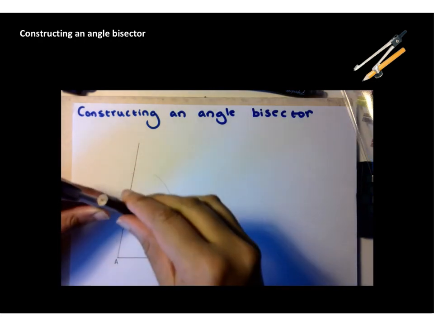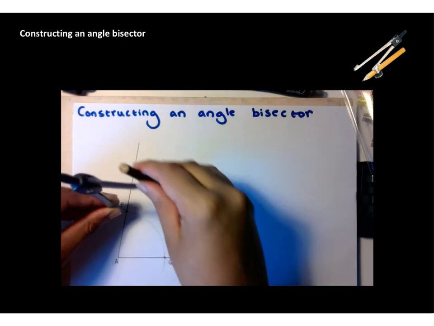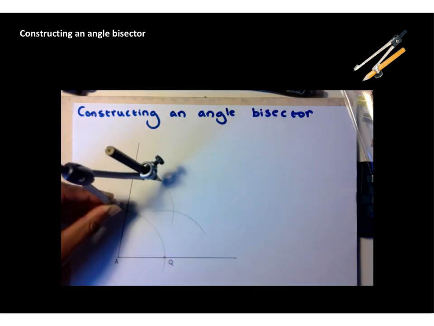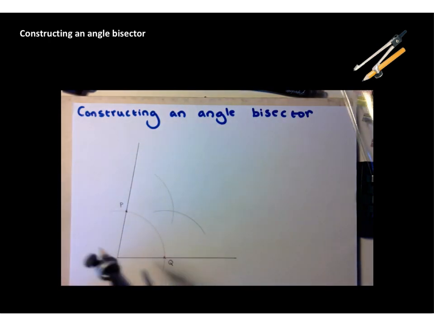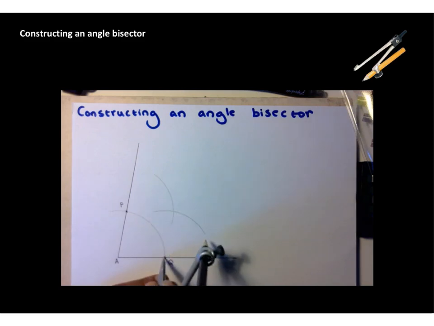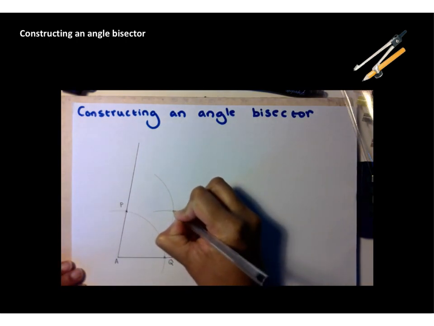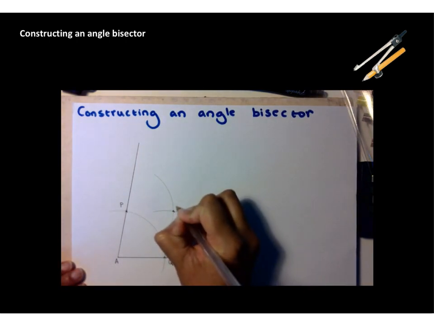So just to review, I drew an arc centred at P, and then I switched over, keeping the same width again, and drew an arc centred at Q. Now, where these two arcs intersect, let's make a mark there, and I'll call that point R.